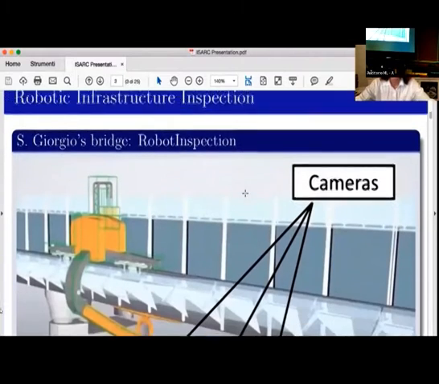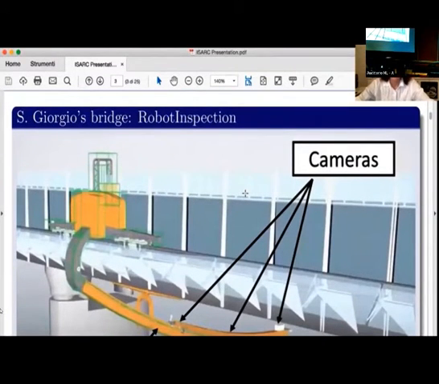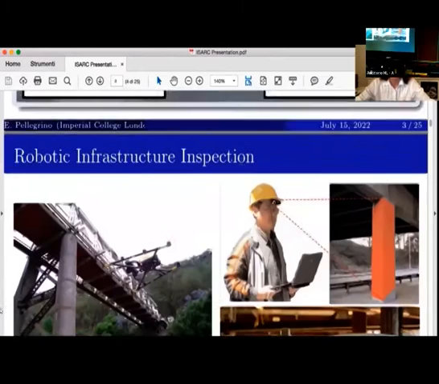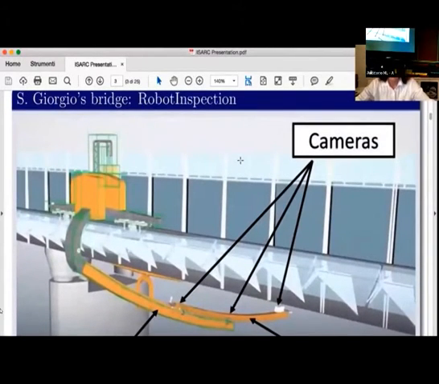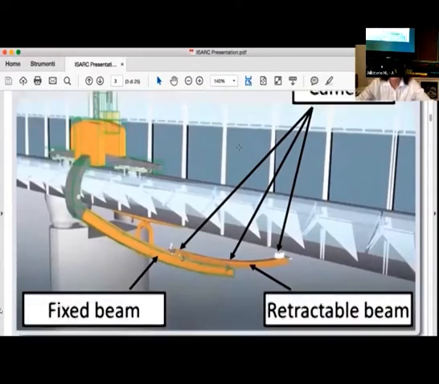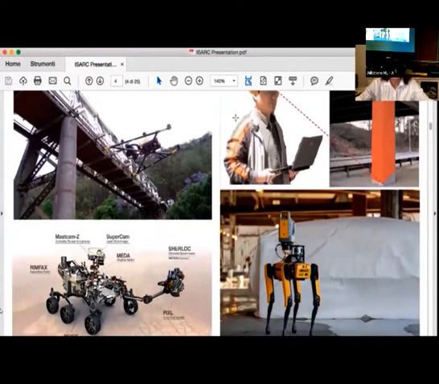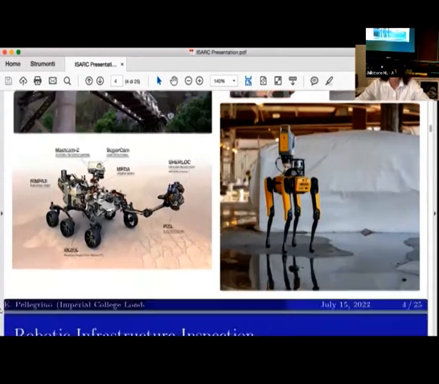So new methods for automatic inspection are needed, as the one that was developed in the San Giorgio Bridge in Genoa. That is the first time in Italy that a robotic for inspection was designed and built on a bridge, on a new bridge. There are also other methods for robotic visual inspection, as drones, with robots, legged robots, and usual camera.